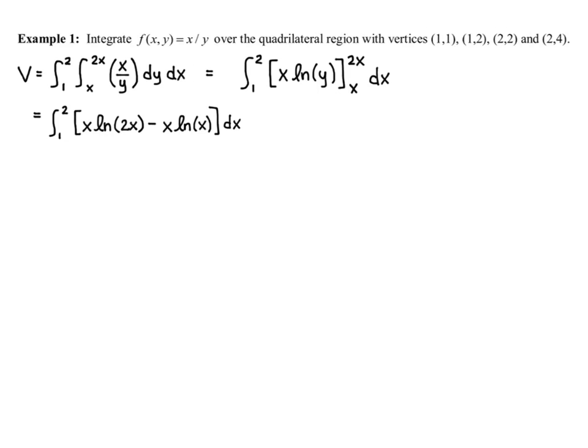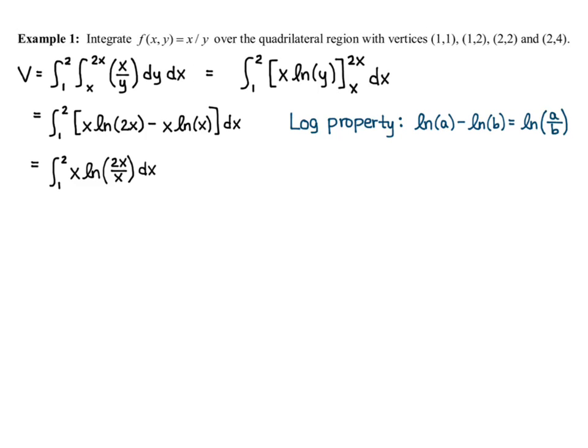We can use the log property natural log of a minus natural log of b equals natural log of a over b in order to simplify the new integrand to x times natural log of 2x over x, which simplifies to x times the natural log of 2. We now need to take the integral from 1 to 2 with respect to x of x times the natural log of 2.